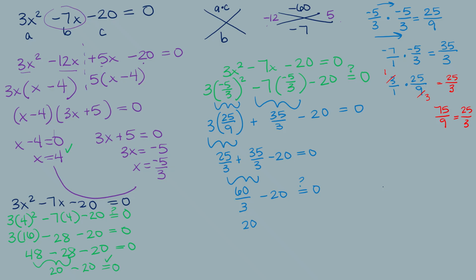So we have 20 minus 20, which equals 0. So that was a lot of work, a lot of side work, but at the end we find out that this is also a possible solution, negative 5 over 3. So we're left with our final answer: x equals 4, comma, x equals negative 5 over 3.